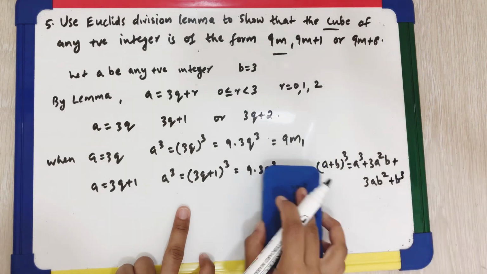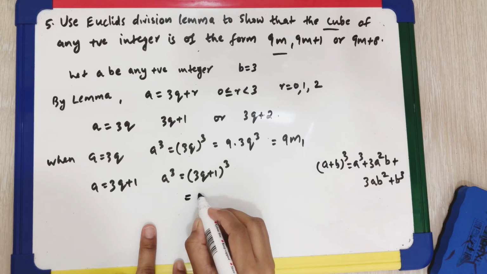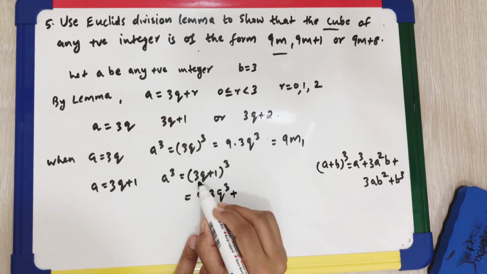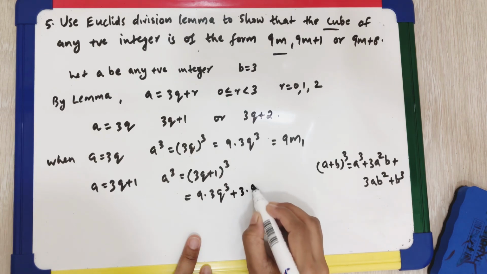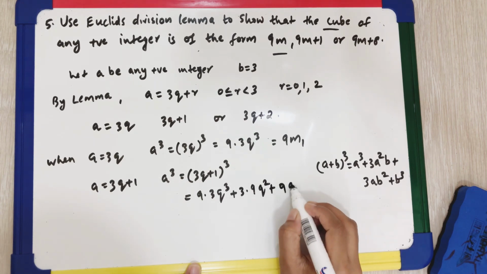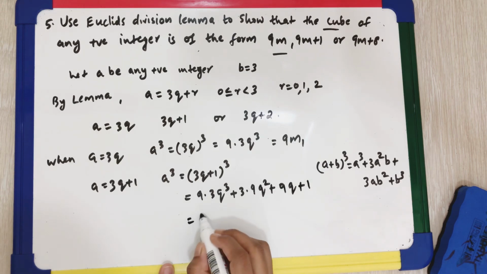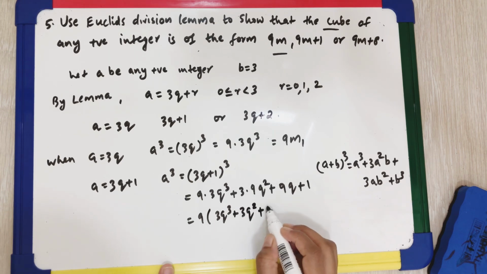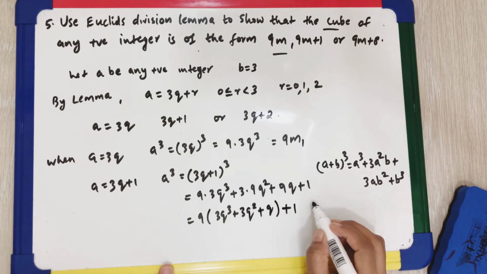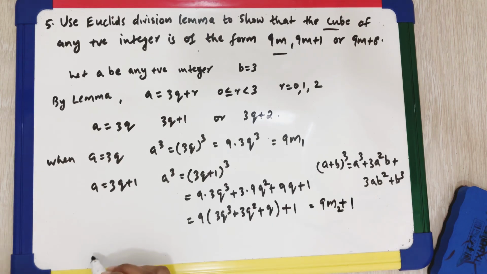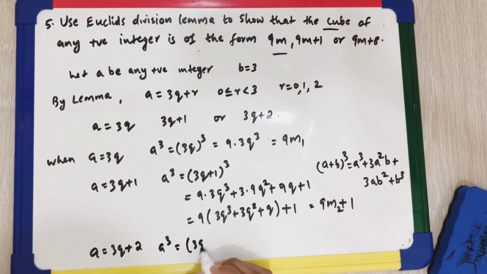Applying, we get 27q cube plus 27q square plus 9q plus 1, which is equal to 9 into 3q cube plus 3q square plus q plus 1, which is of the form 9m2 plus 1.